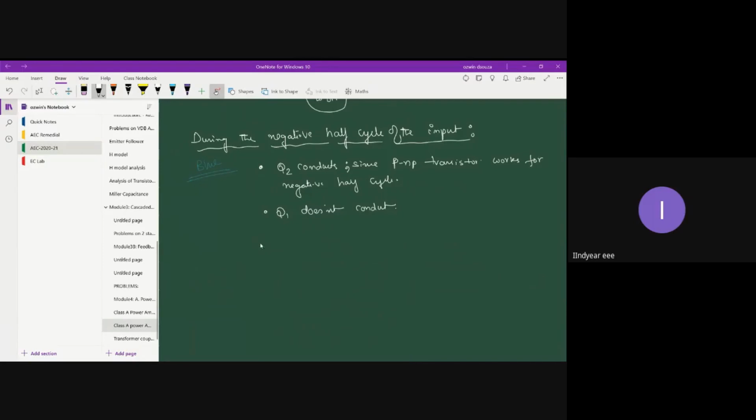Okay, let me redraw the equivalent circuit. The lower half I'm going to consider because the upper half is basically inactive, right? So that's my emitter terminal, and this is my collector terminal, which is maintained at negative potential, or minus VCC, because it needs negative DC power supply.